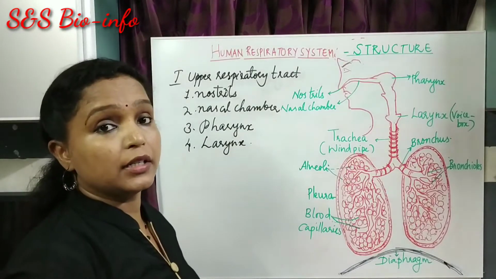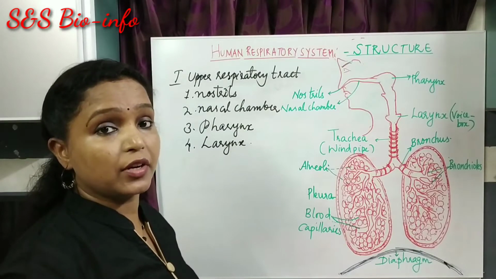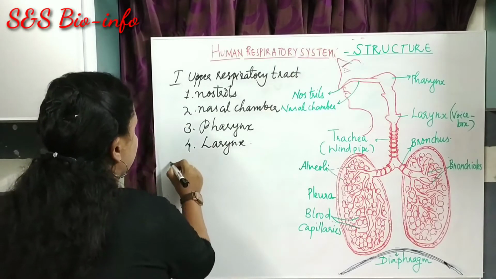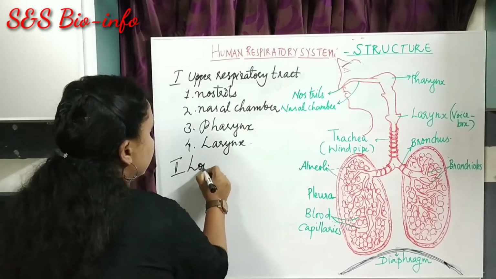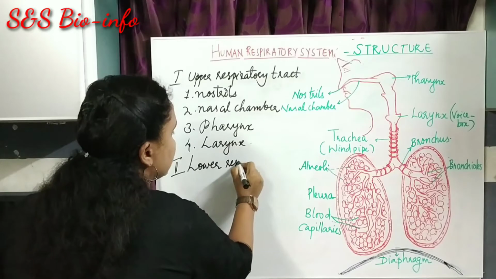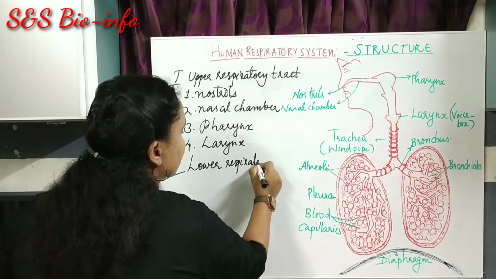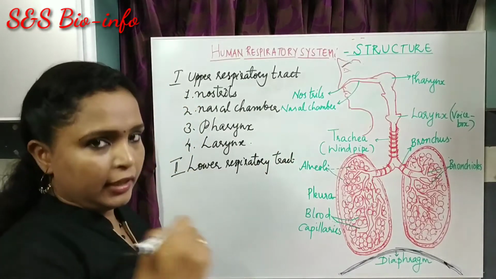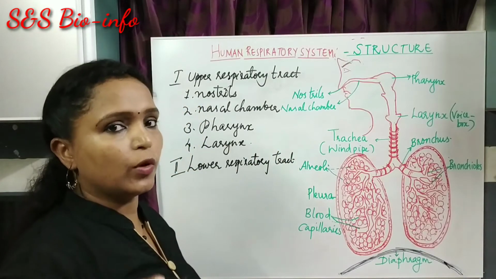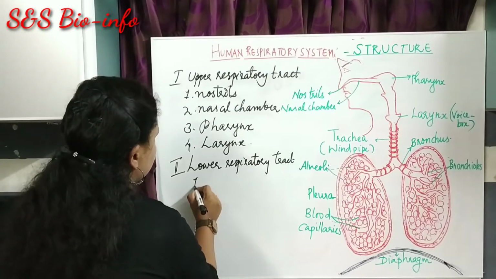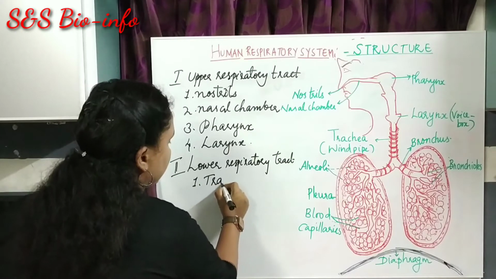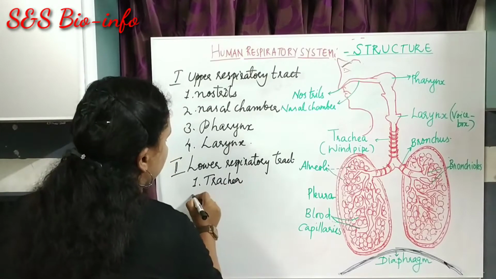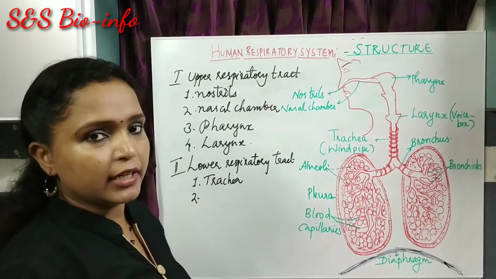The second part is the lower respiratory tract. It has the following parts. Number one, trachea. Number two, bronchi.